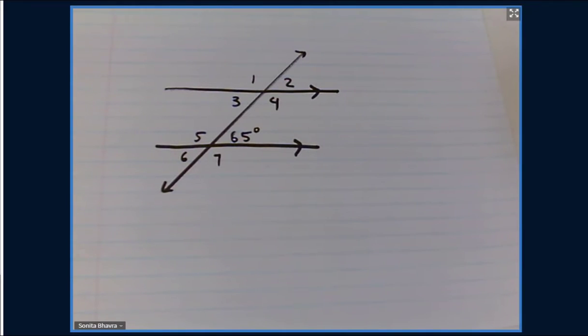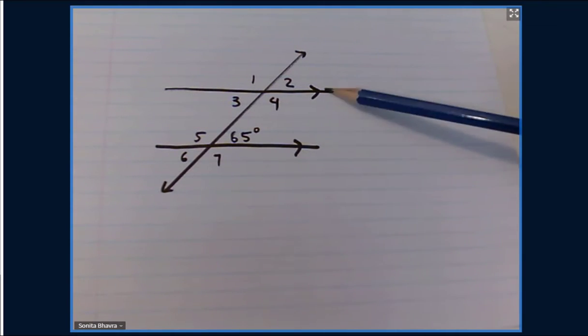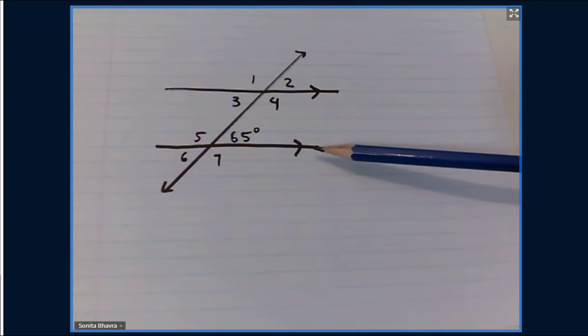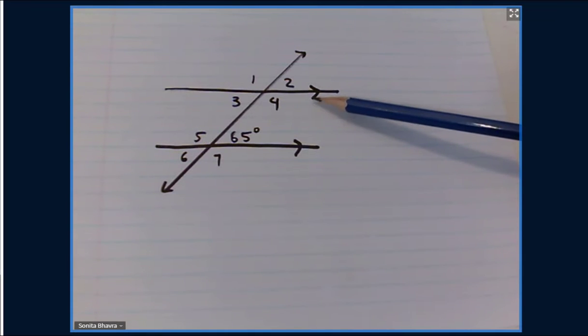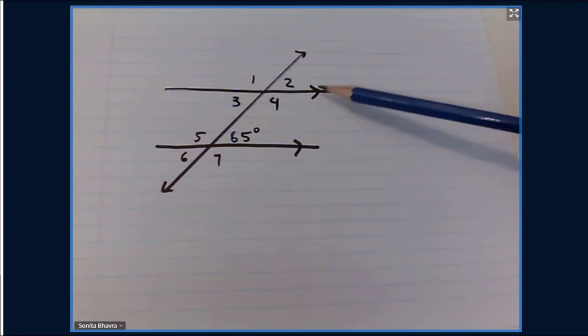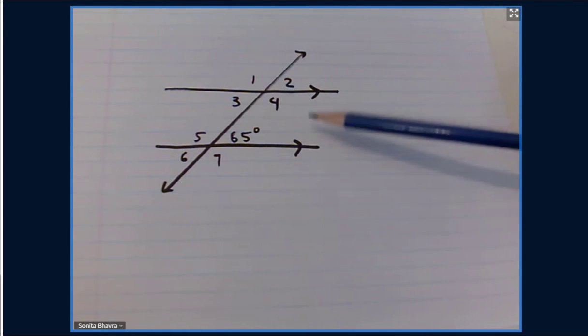All right, so we're looking at this example. This is for Math 8, and this is what we're given. We have two lines that are parallel. Parallel lines are usually shown by arrows like this. That means that those two lines are parallel.